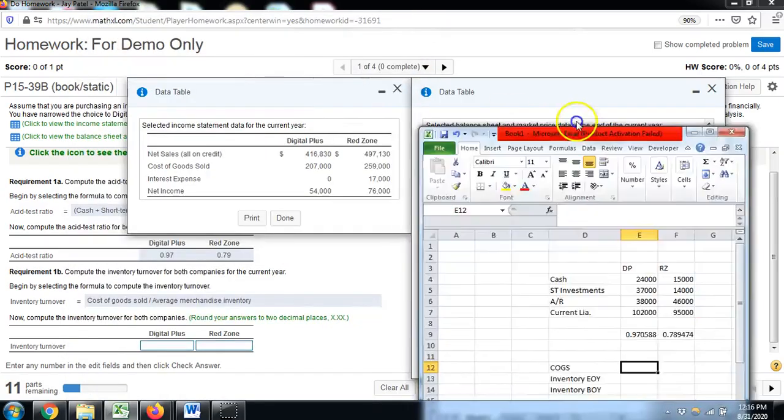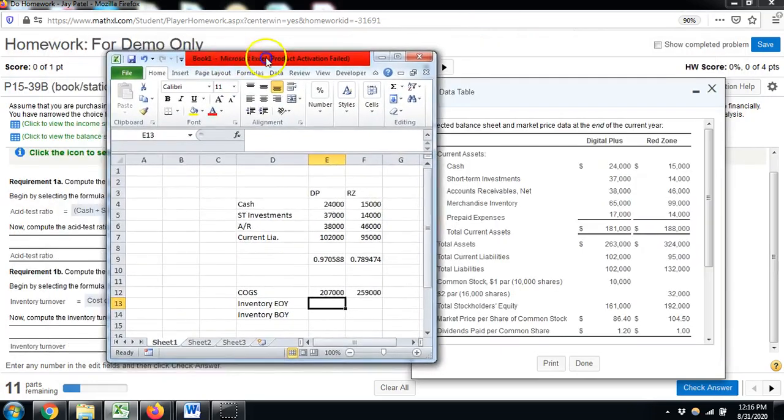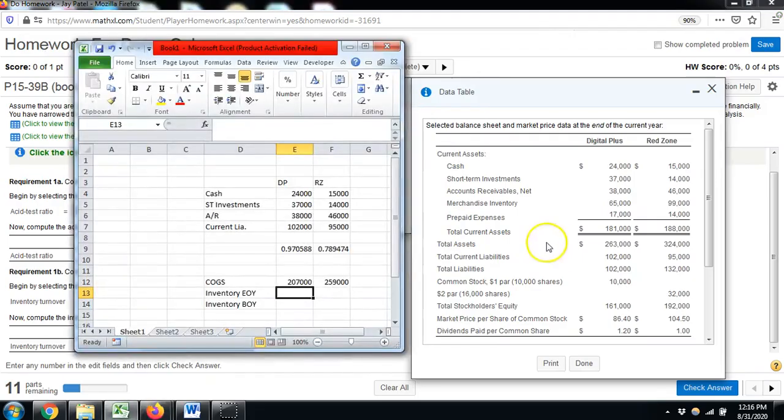So first from the income statement, let's get the cost of goods sold. Inventory end of year is on the balance sheet. Right here.